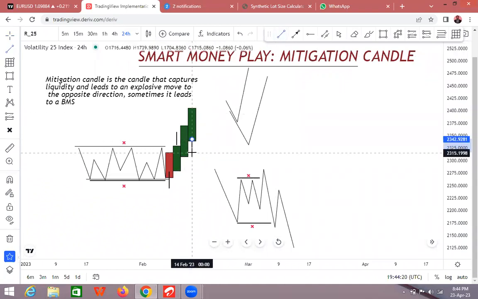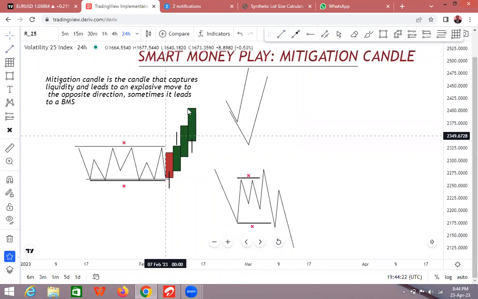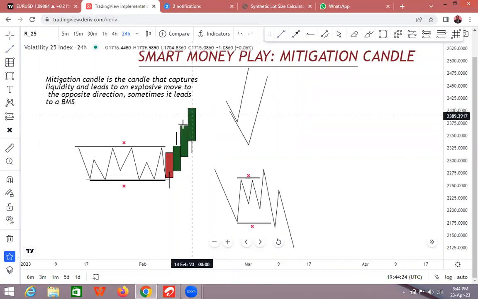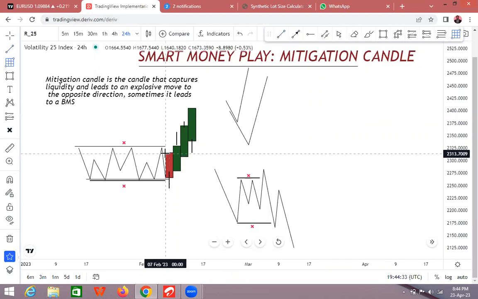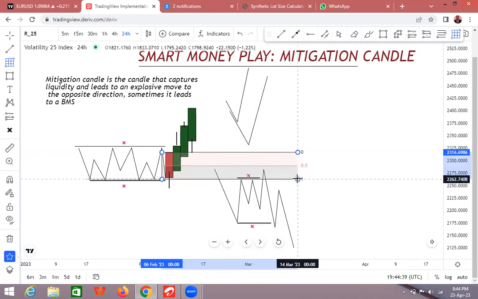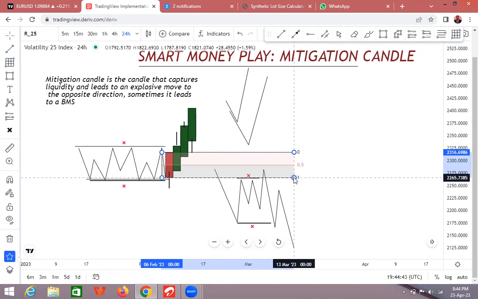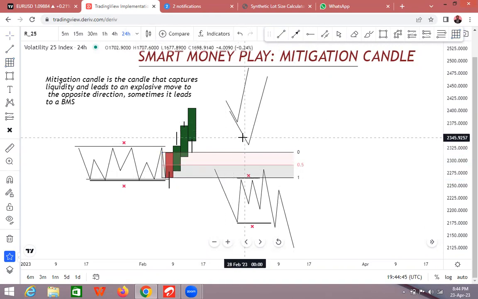So you just want to wait for price at the 50% of that candle or at the open of the candle. This is how it should look. So you want to mark out that sell candle, not this buy candle, this sell candle that captures liquidity. Just mark it out and wait for price at the open or the 50% of it. That's what price will do.